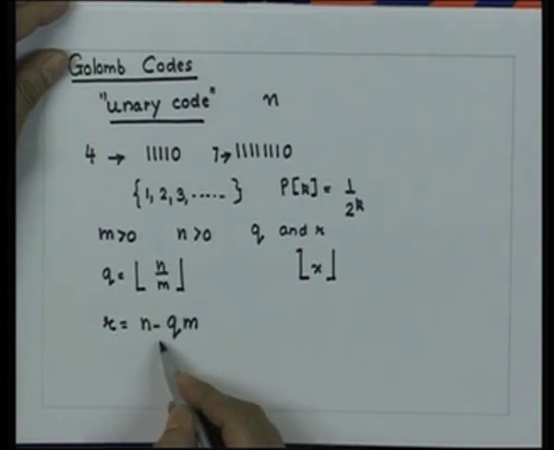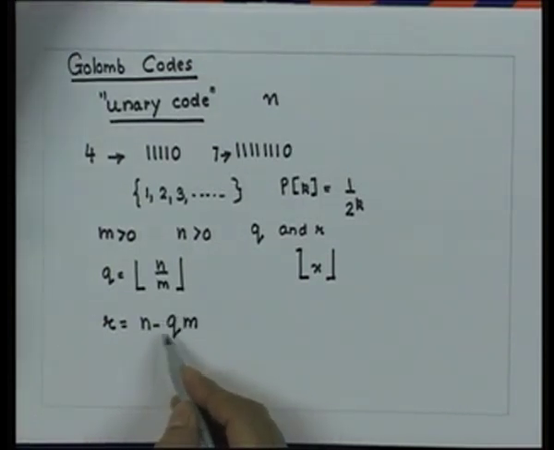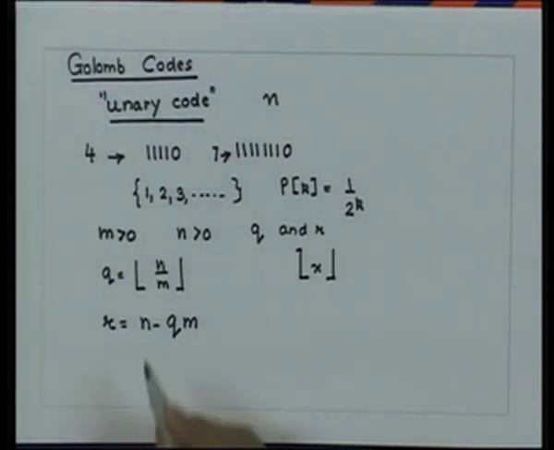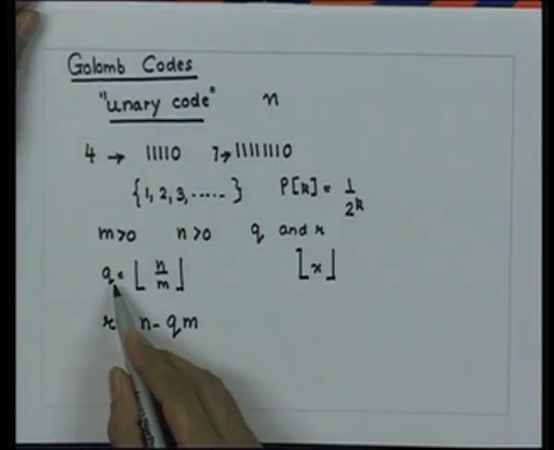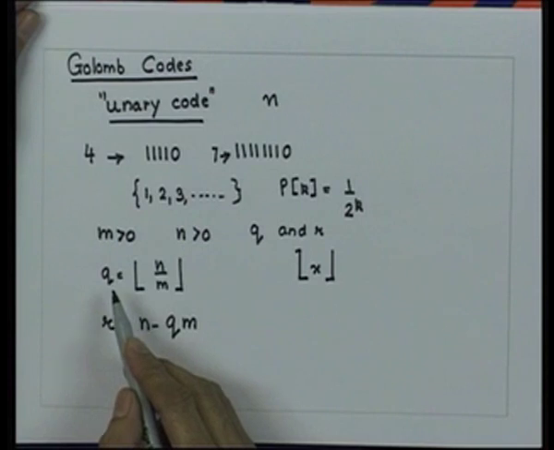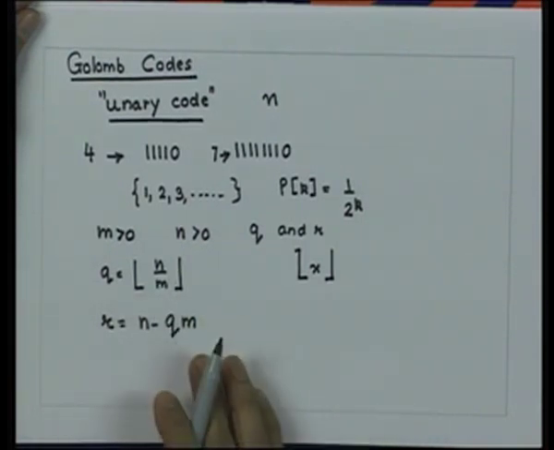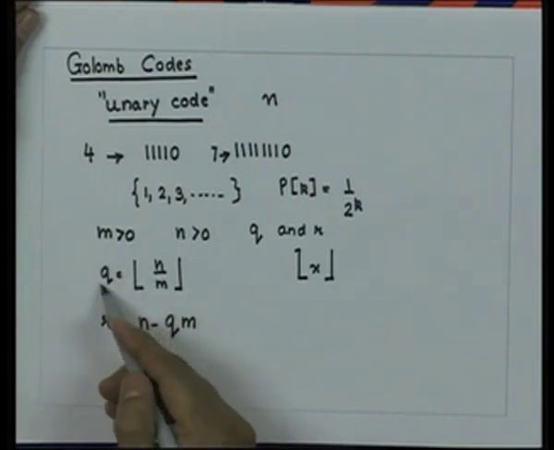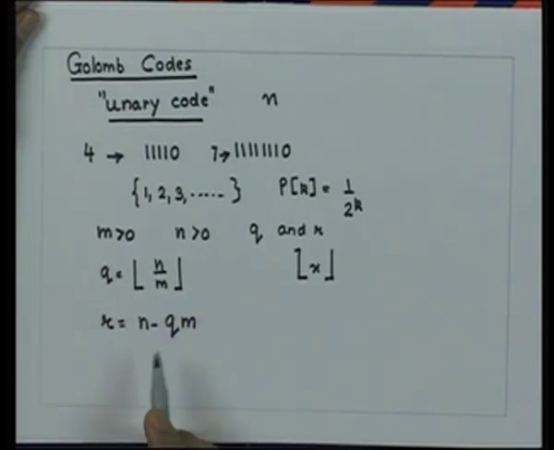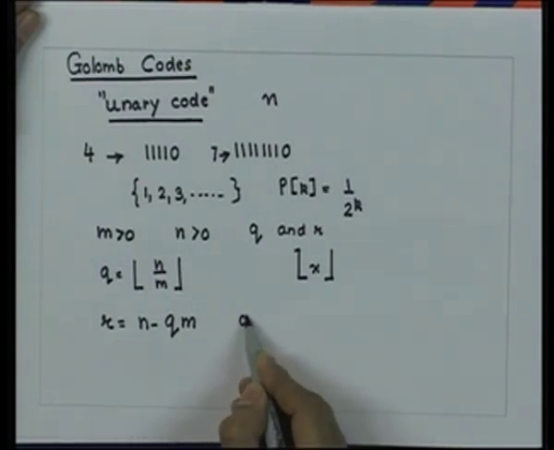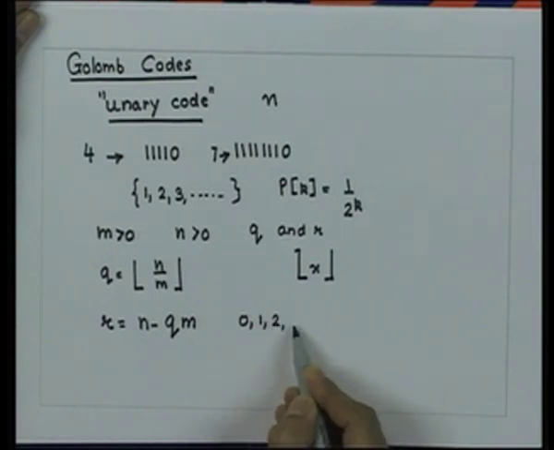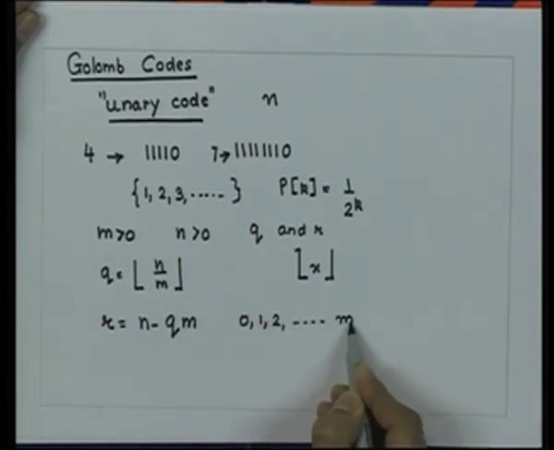So, q is the quotient and r is the remainder. q takes on values 0, 1, 2, all non-negative integers, and it is represented by the unary code for q, whereas r can take on the values 0, 1, 2, up to m minus 1.